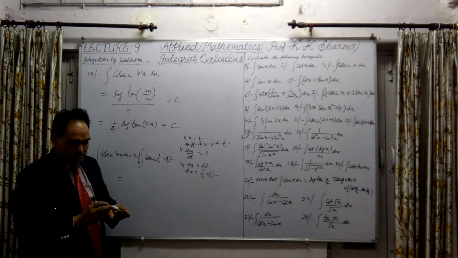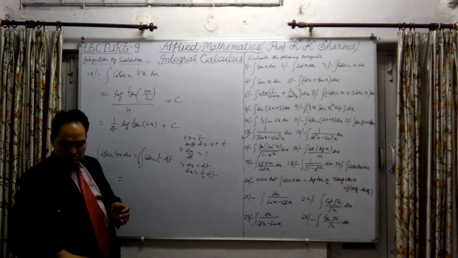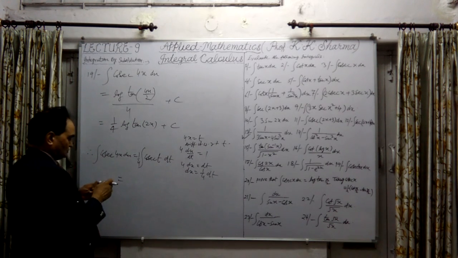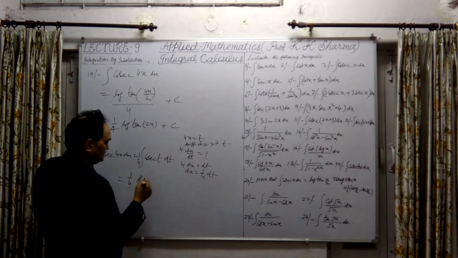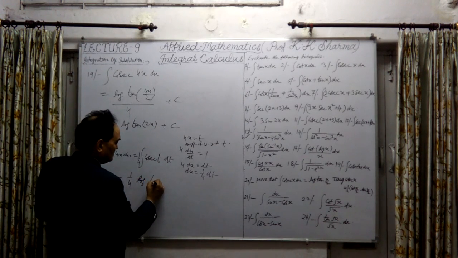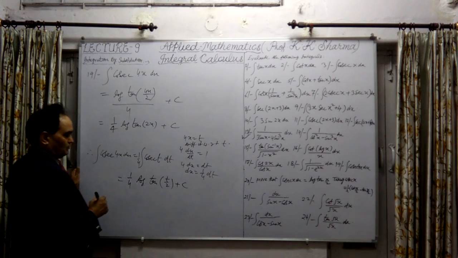Now the integral of cosecant x is minus log of cosecant x plus cot x, or it can be written as log of tan x by 2.